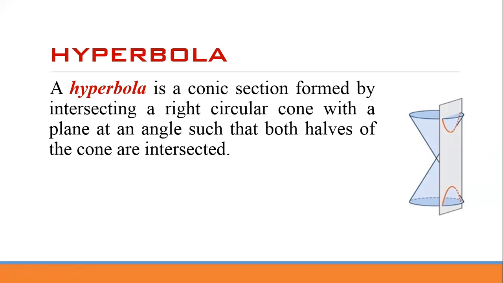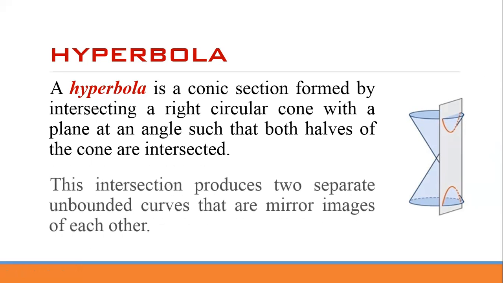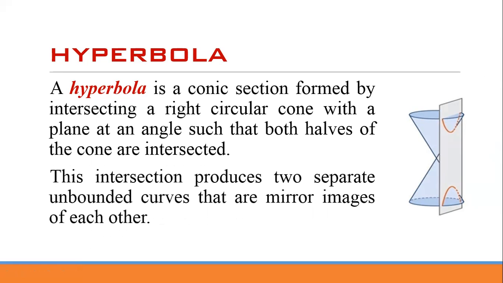This intersection produces two separate unbounded curves that are mirror images of each other, like the figure on this side.